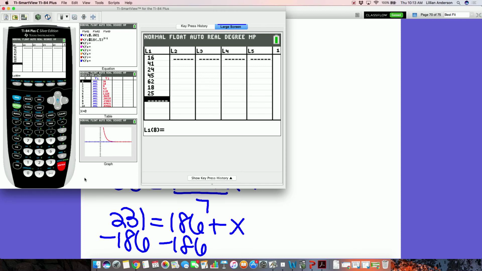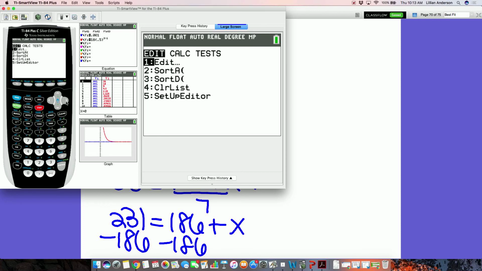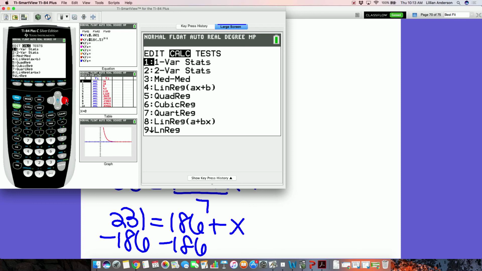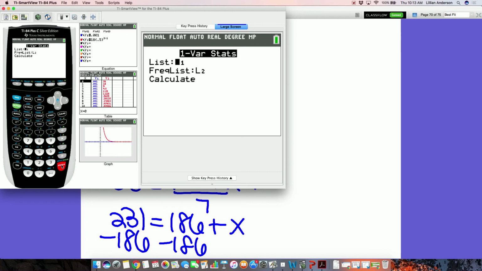So where do we go? We go with stat. Go over to calc. 1 bar stats. Now, if your calculator looks like mine, did we have a frequency list? No, we didn't have anything in L2. So if yours looks like mine, we're going to need to clear out our frequency list.